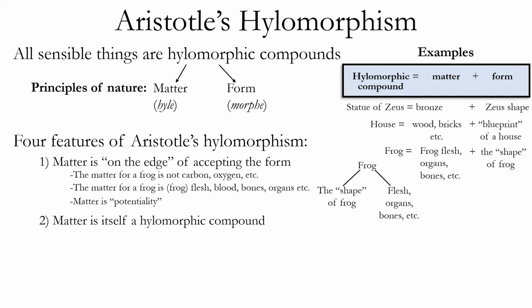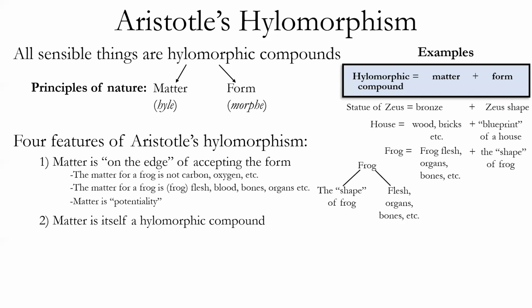That means it's composed of the frog shape, the form of frog, whatever that is, we'll talk about it later, but also the flesh and organs and bones of a frog. What Aristotle thinks is that we can now analyze the flesh and organs and bones, the matter of the frog, into form and matter itself.